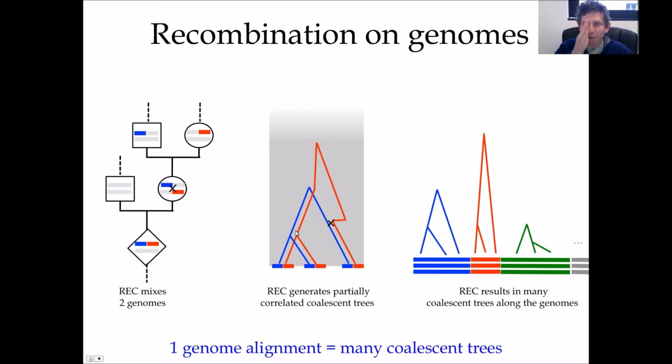So anytime you find a recombination event in the ancestral lineages, you have a different genealogy. And at the genome scale, it creates many trees that are known as a tree sequence, a very large number of trees, and depending on the chunk of DNA you're looking at, the genealogy will be different.